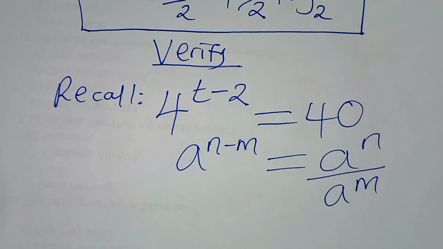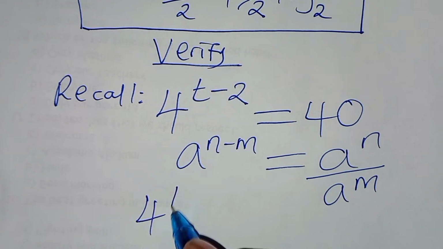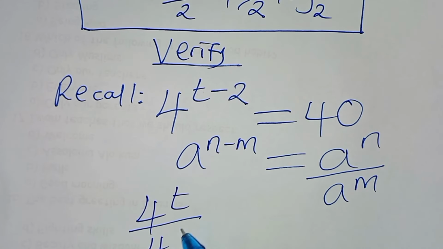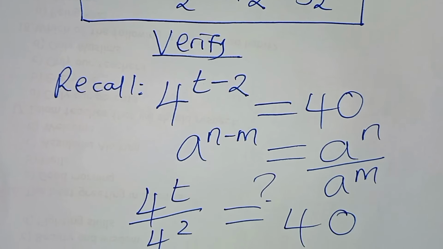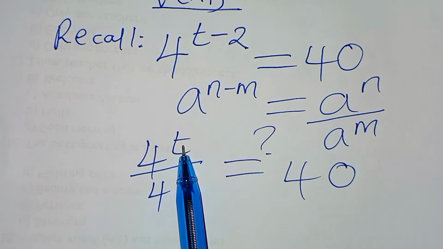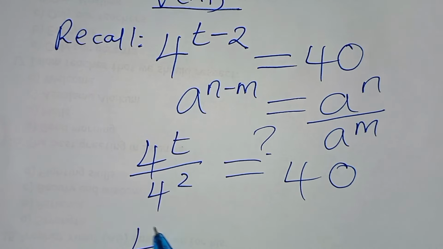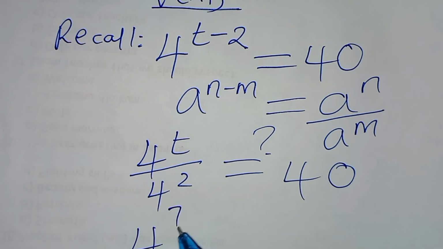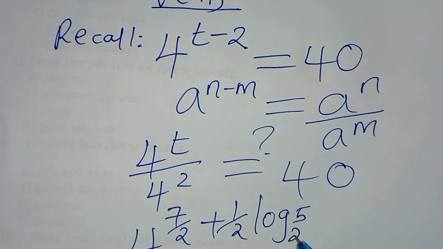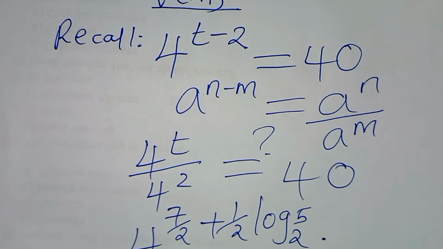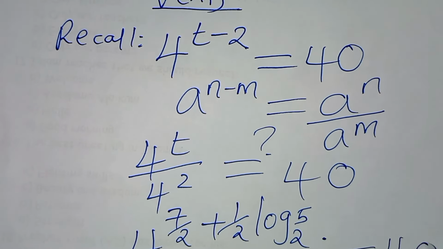So we have 4 to power t divided by 4 squared, which should give us a value of 40. Let's substitute the value of t here. So we'll have 4 to power 7 over 2 plus a half log 5 to base 2, divided by 4 squared, which is 16, and this should give us a value of 40.